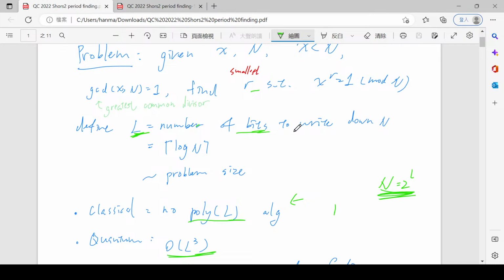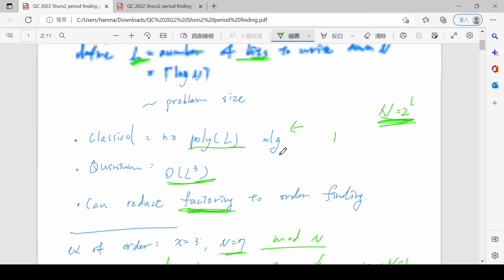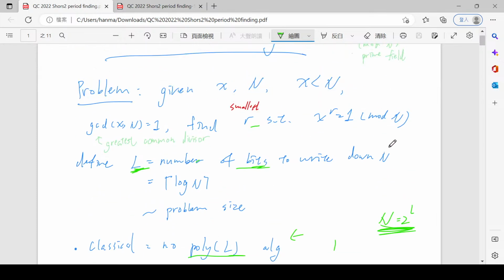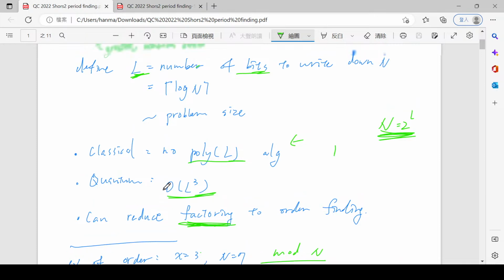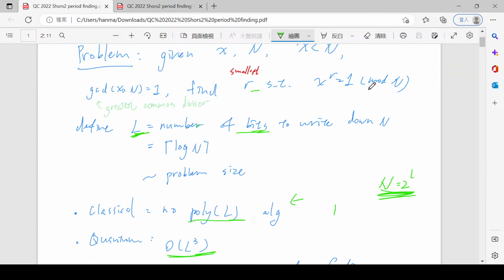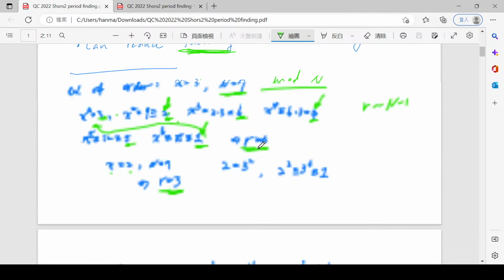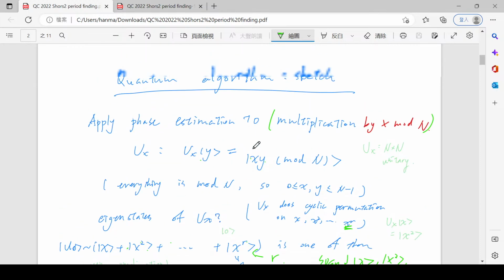That's the quantum order finding algorithm, and that's where you use phase estimation. Here L is basically log N. So you only need polylog N number of steps on a quantum computer to find this period r.